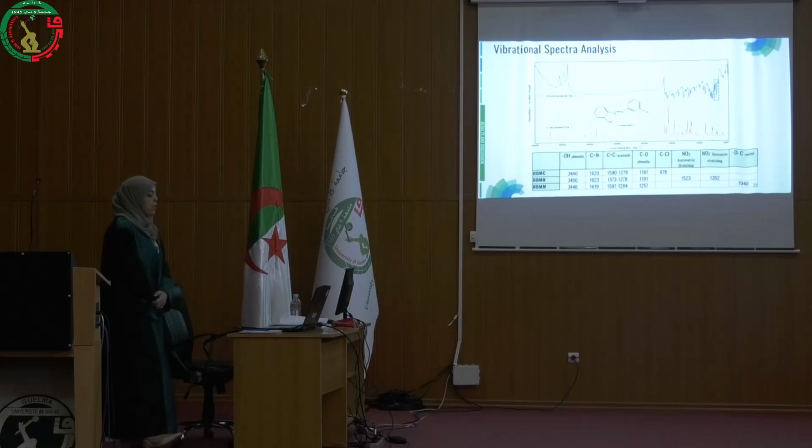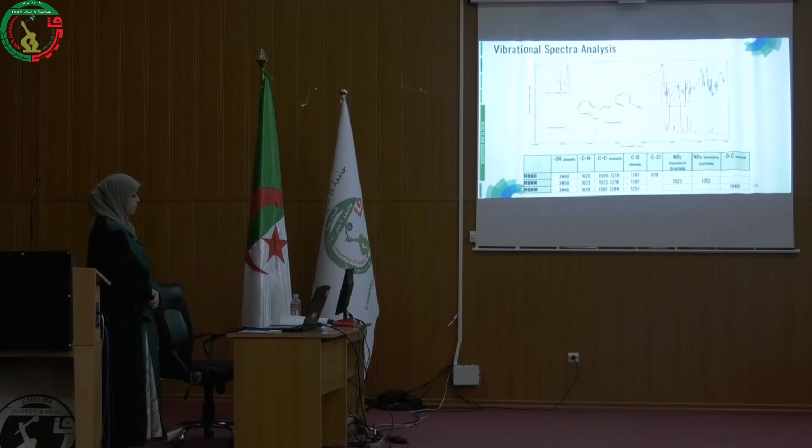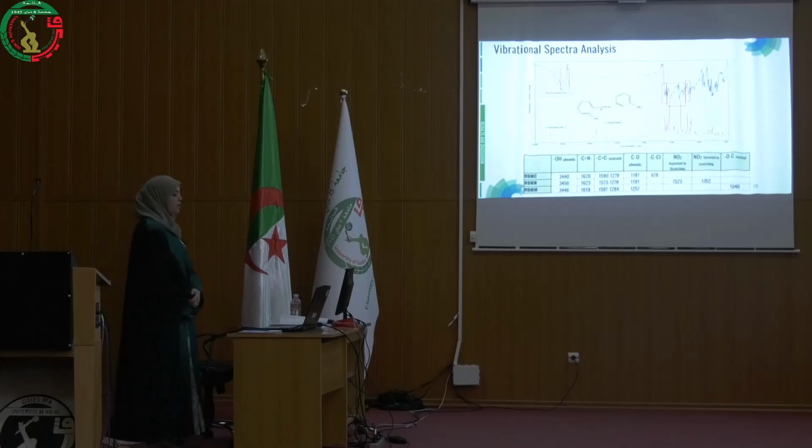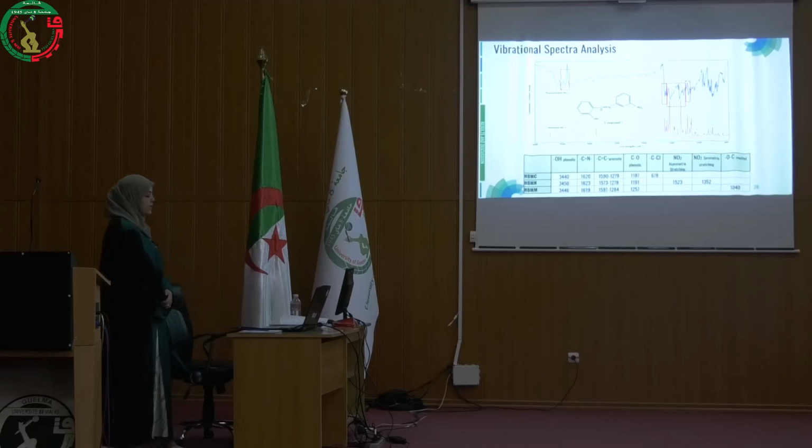For HBMC, the C-Cl stretching vibration was identified at 687, which is consistent with the expected range for such a bond. For HBMN, the presence of the nitro group was evident from two characteristic absorption bands: the asymmetric NO2 stretch at 1523 and the symmetric NO2 stretch at 1352.